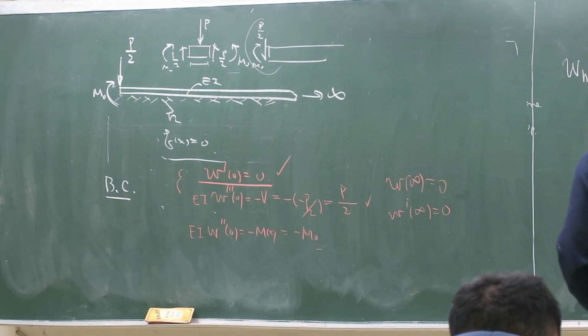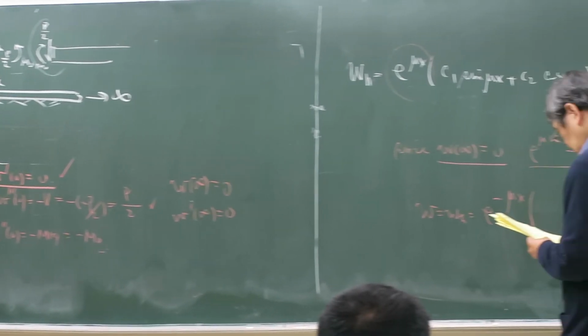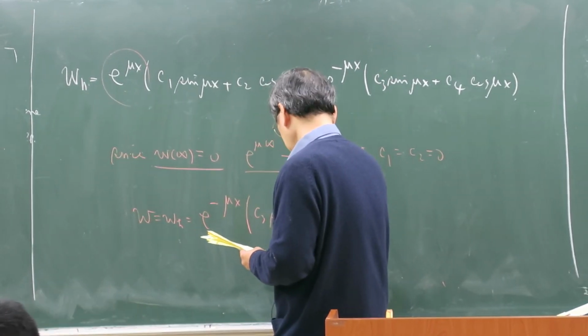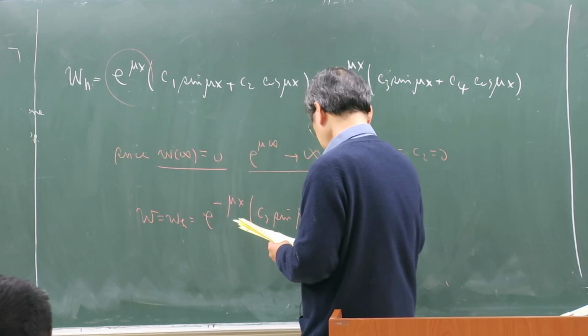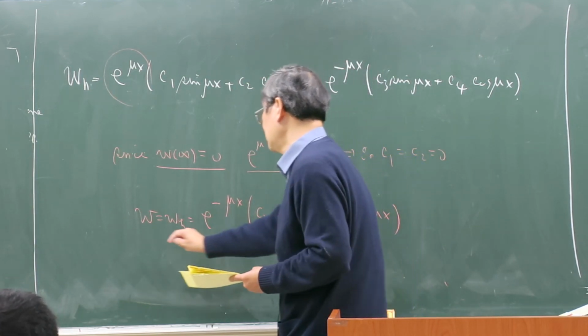So now my solution, W equal to W_H equal to exponential minus mu x (C3 sine mu x plus C4 cosine mu x), right?